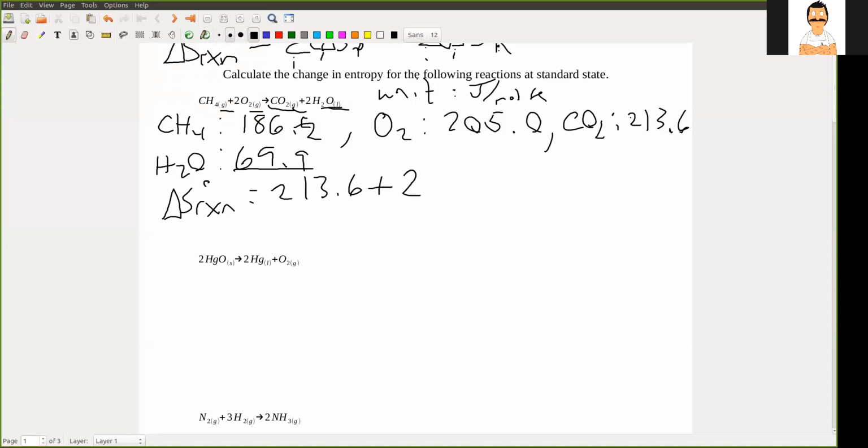There are two H2Os, so 2 times 69.9, minus the reactants. So minus methane, 186.2, minus 2 of the oxygen, so 2 times 205.0.